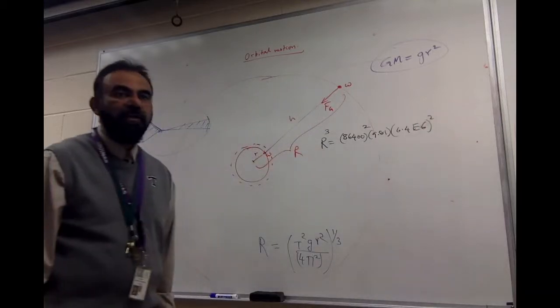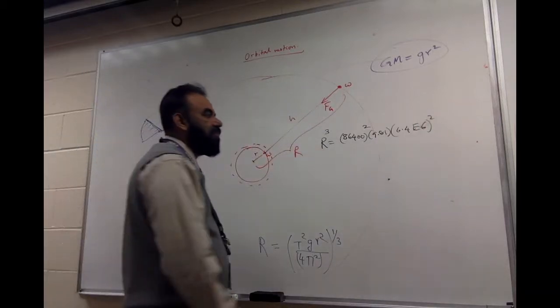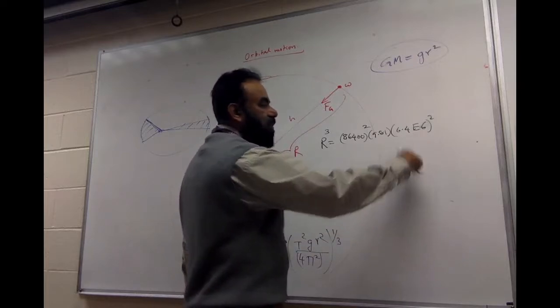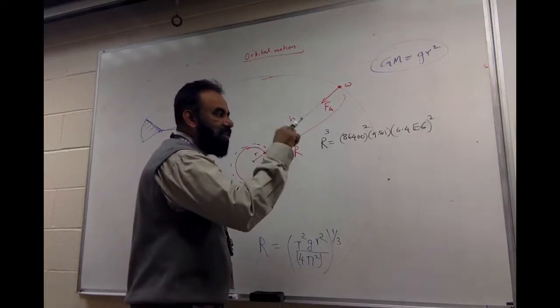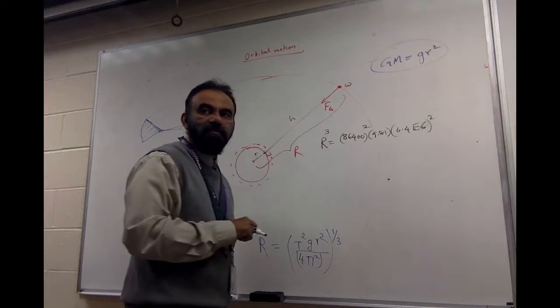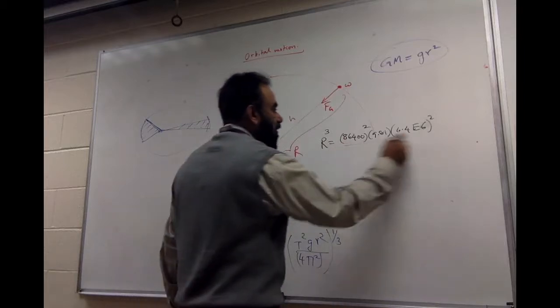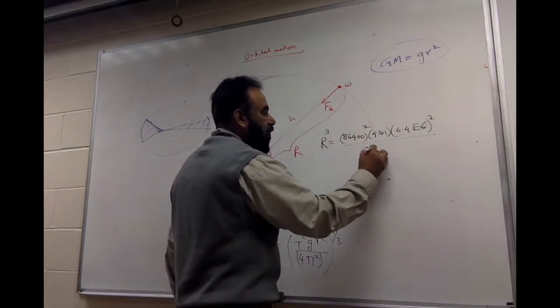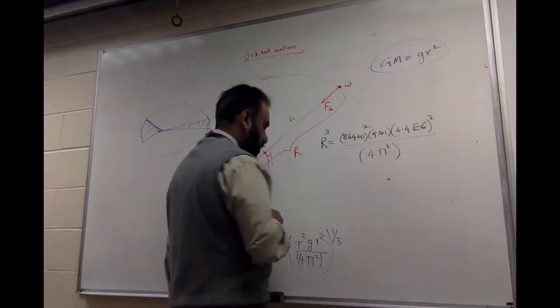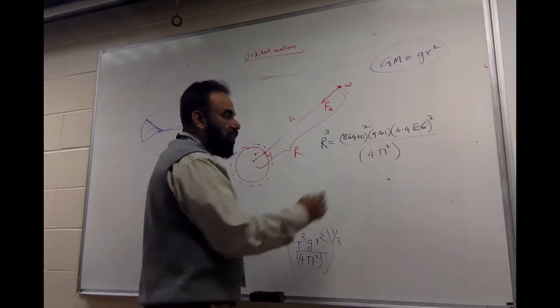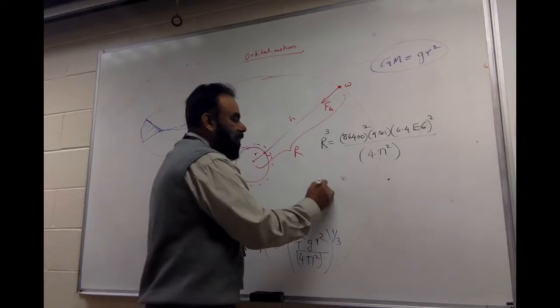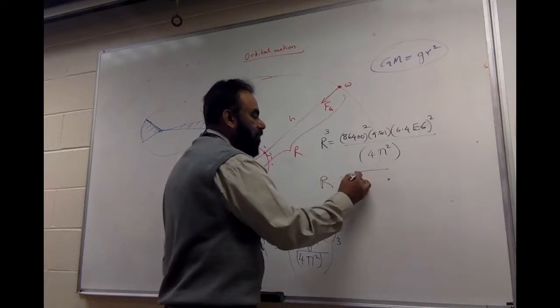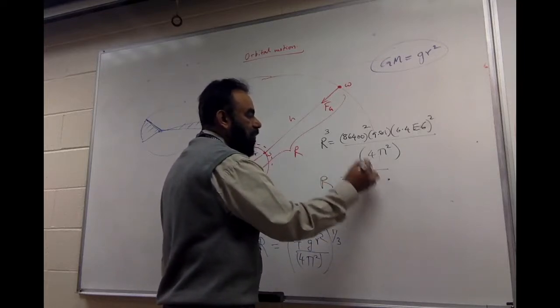You don't even have to put brackets if you do that. Divided by bracket 4 pi squared. And that will get you the R cubed. And once you get the answer, then take the cube root of R cubed, whatever answer you get.